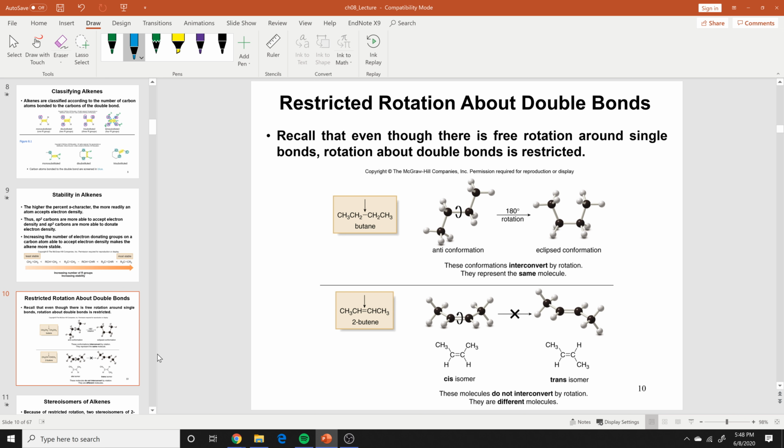Now we've considered in cycloalkanes the names cis and trans, and we said that cis and trans occur in cycles, whenever you have two substituents on the cycle, and the substituents can either be the same or they can be different. It really doesn't matter, but they have to be two substituents.